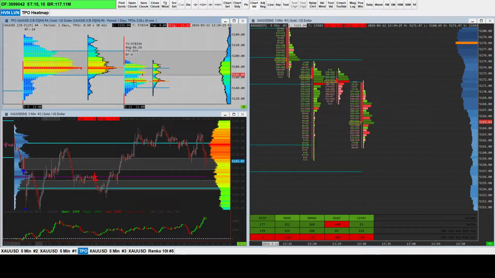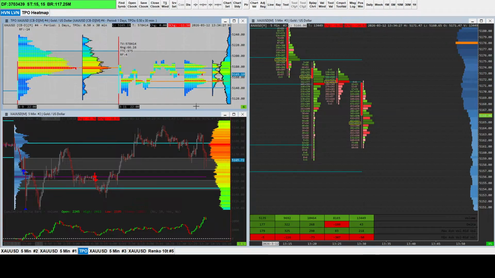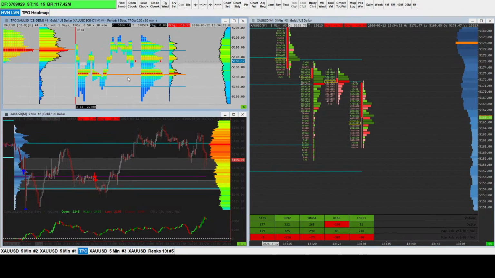Okay, let's do this. Okay, this is a distribution. Market is rejecting this price. That's the main thing. Is the market rejecting this price? We can already see it did reject, but I want to see the market closing above the buyers and stuff. Ooh, this is good. 734, 844, 600.